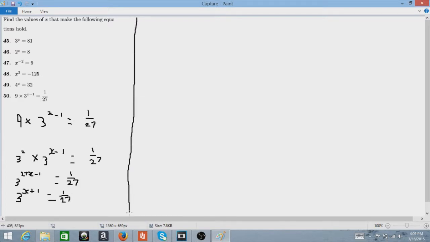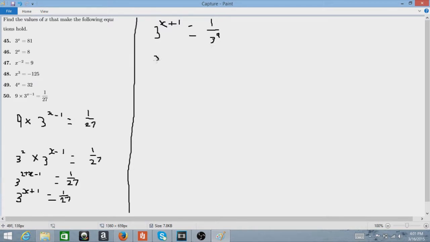Now let's make the base equal to 3. So we'll have 3 to the power of x plus 1 is equal to 1 over 3 to the power of 3, because 3 threes equal 27.